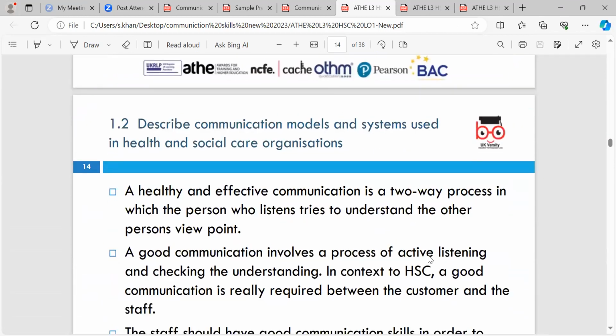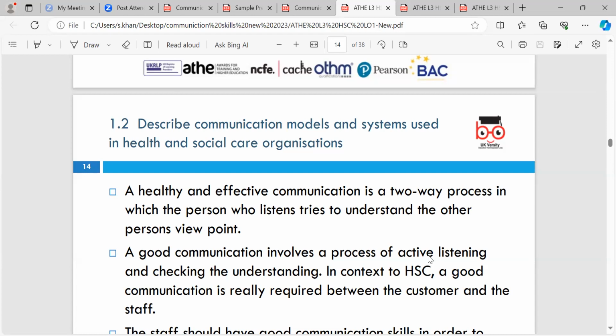And then we looked at 1.2, describing communication models and systems used in health and social care organisations. Why do you think, when we look at health and social care organisations, communication is so important? Jewel, why do you think communication is so important?